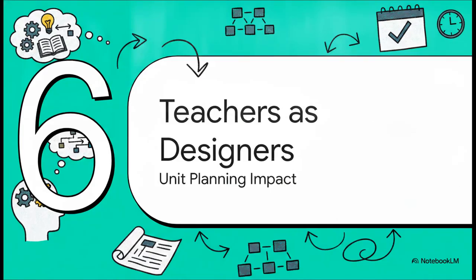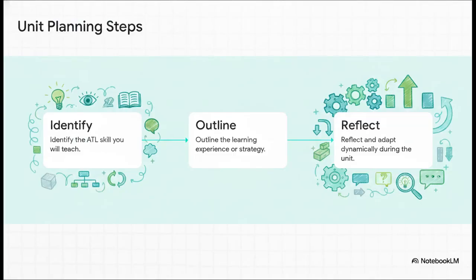Finally, let's look at Section 6, Teachers as Curriculum Designers, and how all this actually impacts your unit planning. The actual planning process is now dramatically simplified into just 3 logical steps. Step 1, identify the ATL skill you're going to teach. Step 2, outline the learning experience or strategy. And Step 3, reflect and adapt dynamically during the unit.